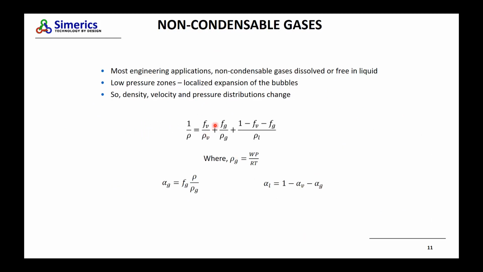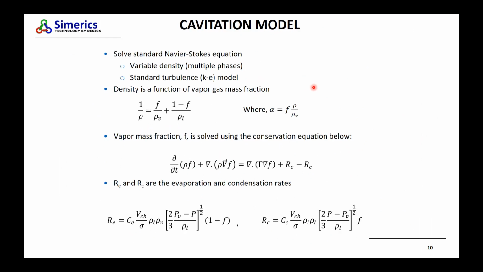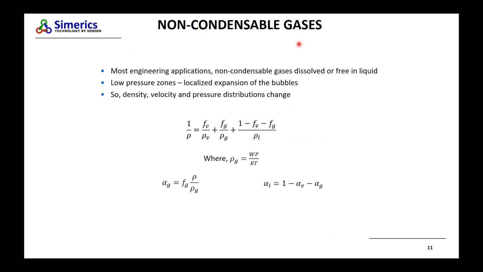The other part of the equation here is the non-condensable gases. If you talk about any real engineering applications, it's not just vapor, it's also a combination of other non-condensable gases, be it dissolved or free in the liquid, that can be important and that needs to be modeled. So what we have done is we have reformulated the above equation and included the non-condensable gases.